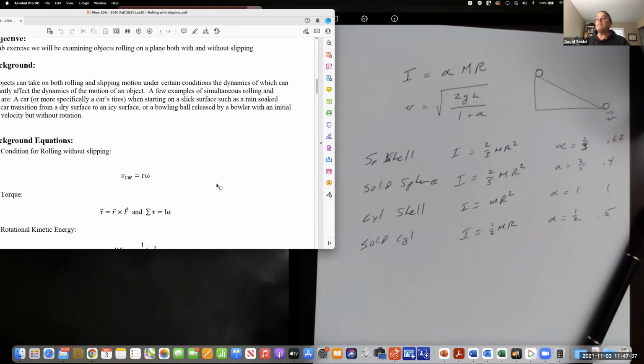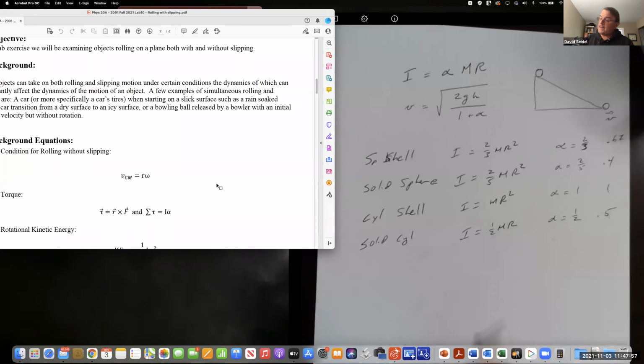Okay, if you've ever been bowling, you toss your bowling ball down the lane. It doesn't start rolling right away. It has forward velocity without rolling. So I can have forward velocity without rolling.